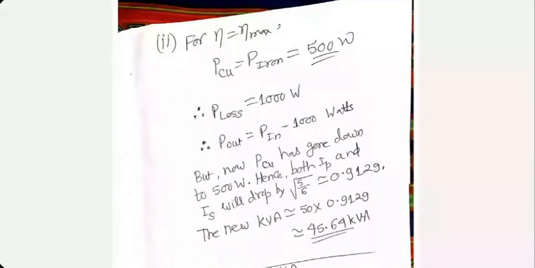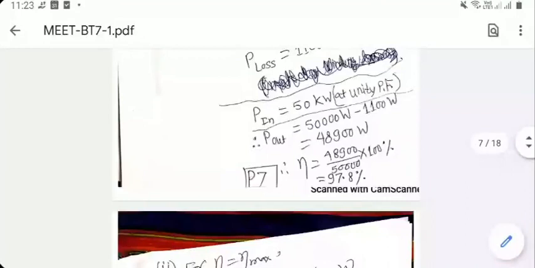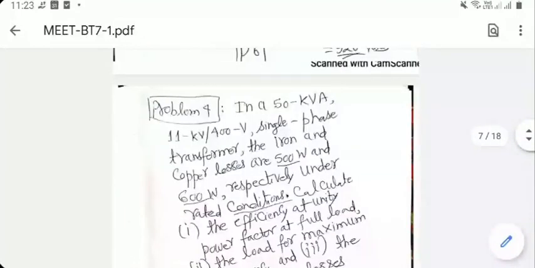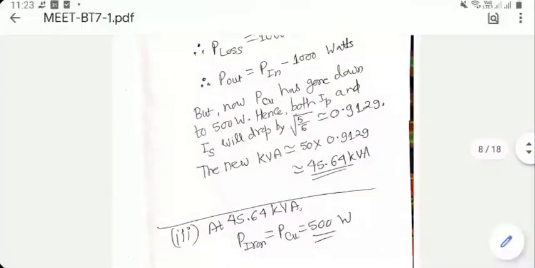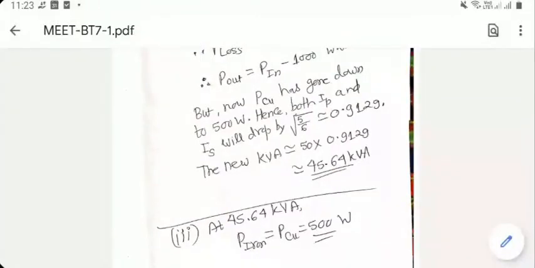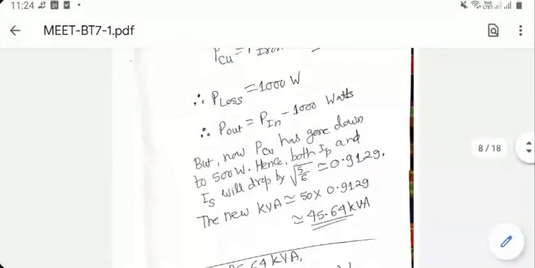So the new kVA that the transformer will be operating at will be 50 multiplied by this new current value. Both the currents have gone down by this factor, 0.9129. So kVA will also go down by the same factor. We are assuming same voltages in this operation. So 50 multiplied by 0.9129 gives you 45.64.